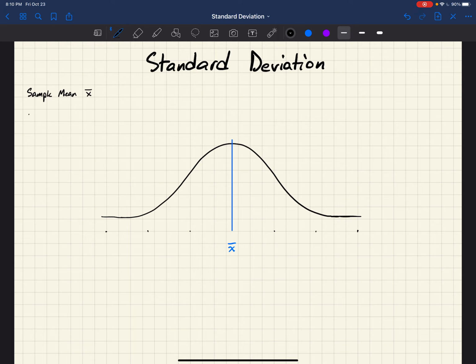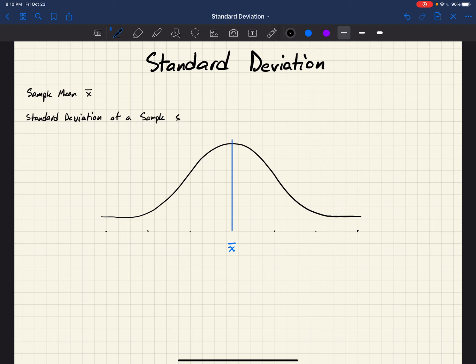And the standard deviation of the sample is usually denoted by an S.